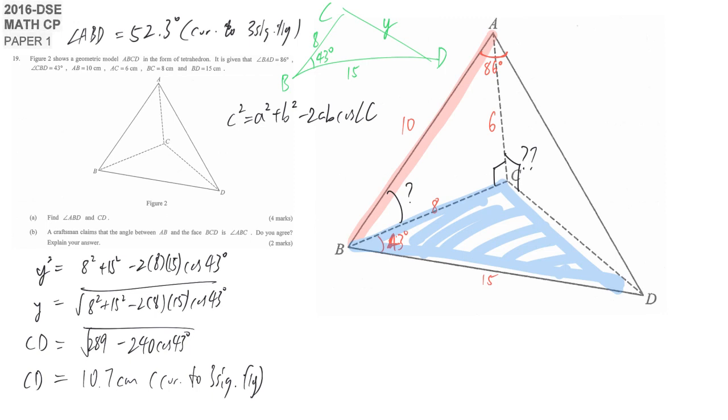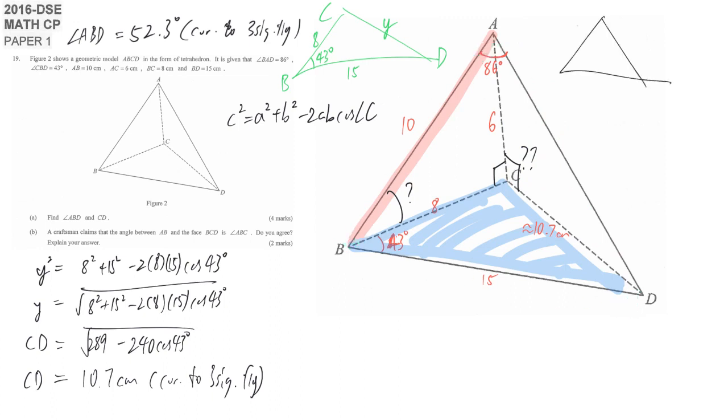And don't forget, usually part A and part B are related. In part B, we already know how long CD is. It's around 10.7 cm. If we can find out AD, then it's strong enough for us to prove whether that is a right angle or not. How can we find AD? Of course, we look at the triangle ABD here.